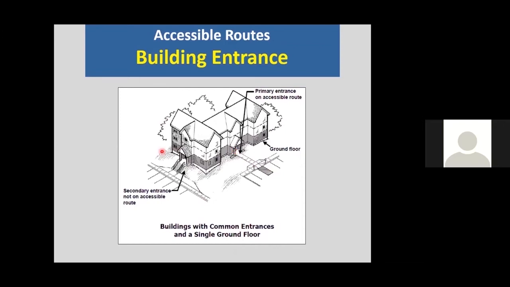Not every entrance may be required to be accessible, but there may be more than one entrance that has been planned by design that would therefore have to be made accessible. But the law requires that you absolutely must provide at least one accessible building entrance on an accessible route.